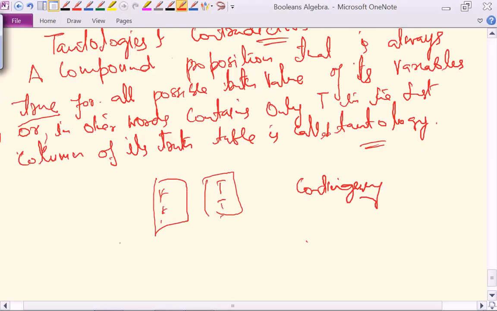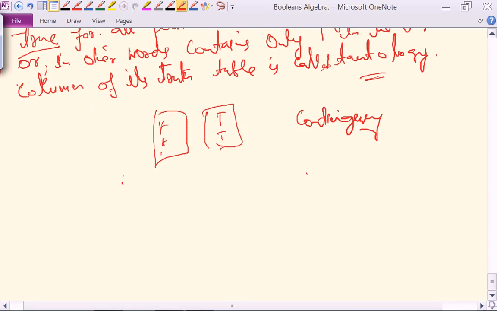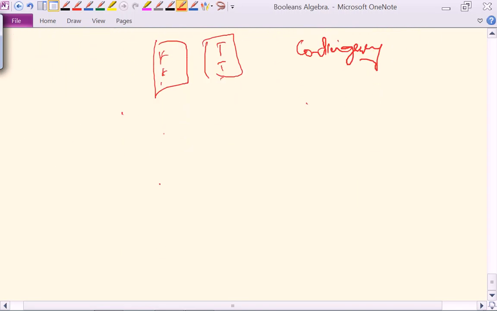Now the question usually comes about what a tautology is. If the question asks you to prove the following propositions as tautologies, like P or negation of P, to prove whether it is a tautology or not, we make a truth table. This is P, which will be true or false. The negation of P is false and true.